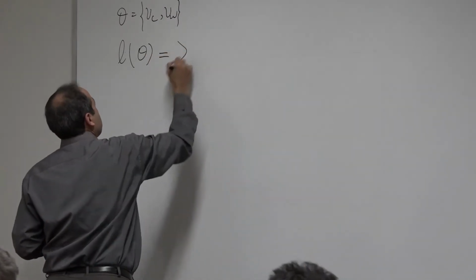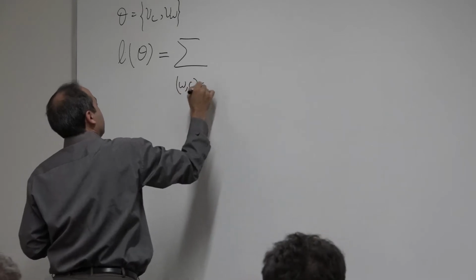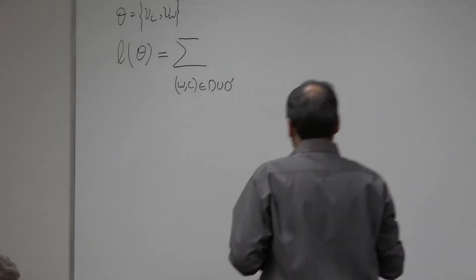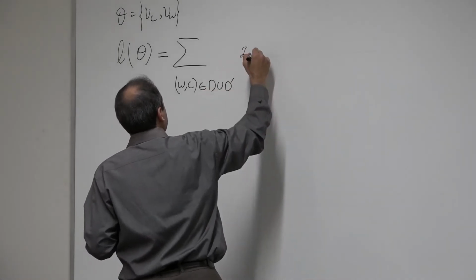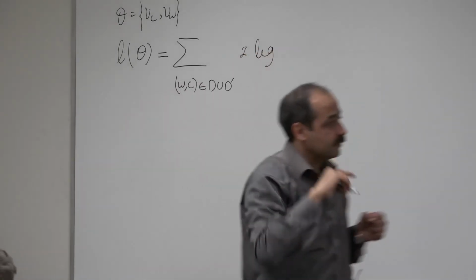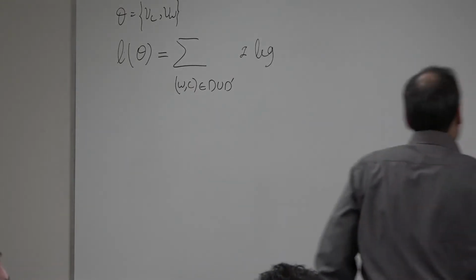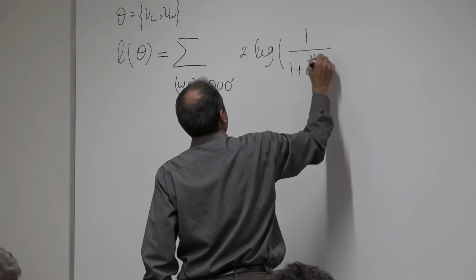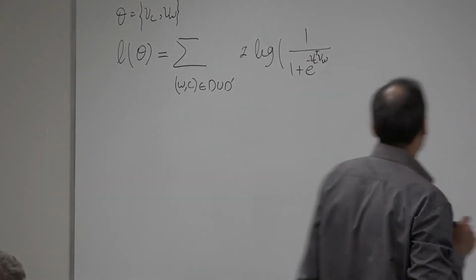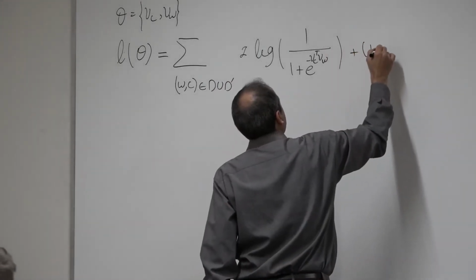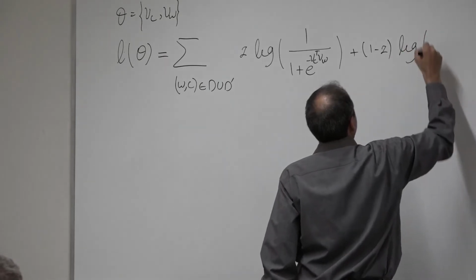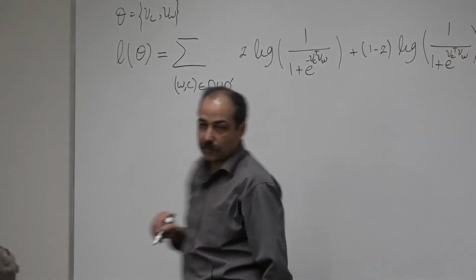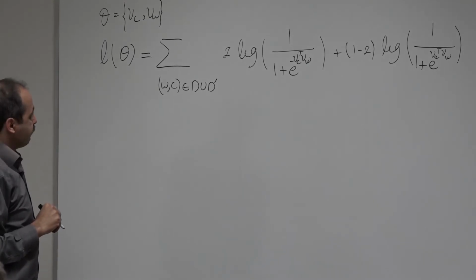The log likelihood would be the summation over all pairs that are either in D or D prime, of Z times log of 1 over 1 plus e to the power of minus VC VW, plus 1 minus Z times log of 1 over 1 plus e to the power of VC transpose VW. Okay.